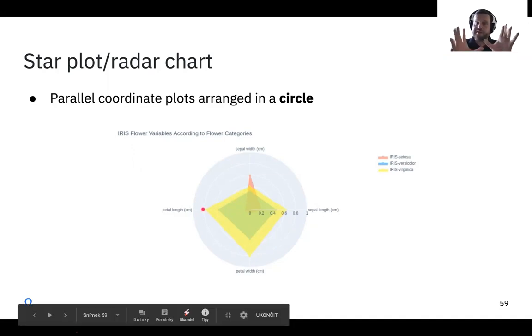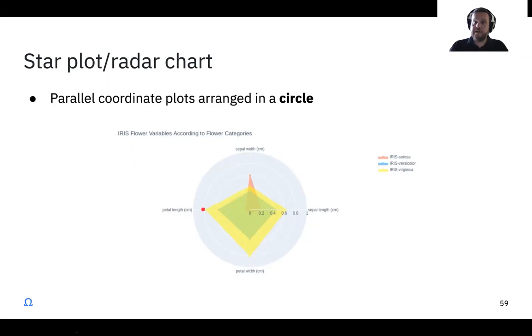So it seems that the structure of the flower is kind of same-ish, but it's just scaled up. So that's some nice additional information that we see in a star plot. And to an extent, we see it also in a parallel plot because you can compare the values, right? But here it jumps out at us a bit better.